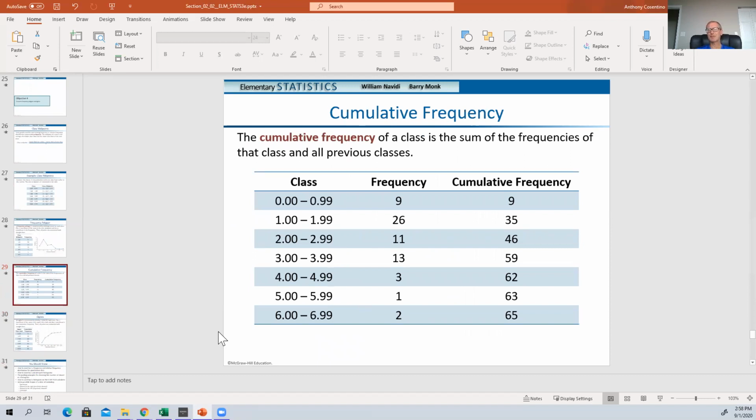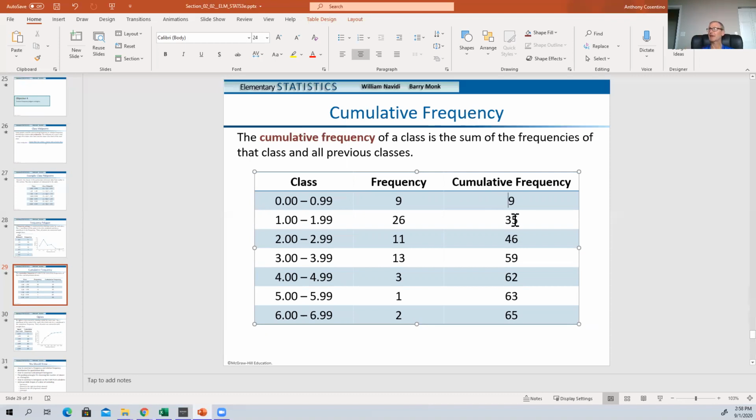Another thing that's sometimes done is called cumulative frequency. What does that mean? Well, cumulative frequency is this idea of taking the first value of frequency in the first class and you put it in the first one, which implies that you're adding it to the number 0.